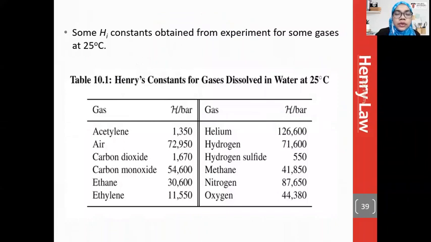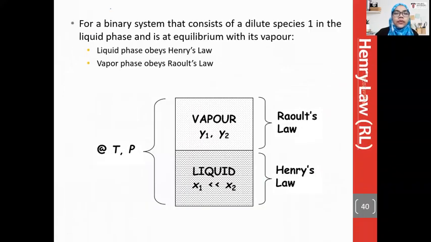The H usually is given. So based on this, we can determine our H here. Okay, for the binary system that consists of the diluted species in the liquid phase, the diluted species can obey Henry's law. And then for the vapor phase here, we can follow Raoult's law.